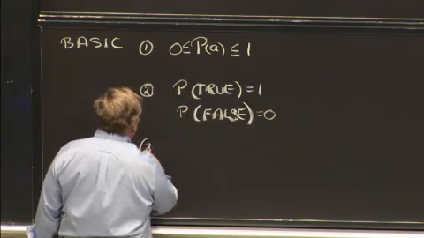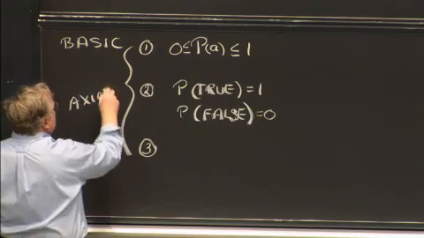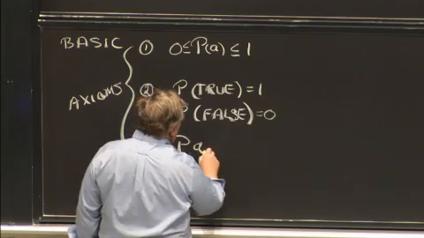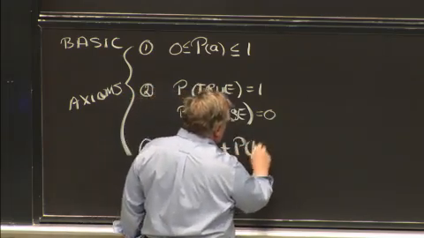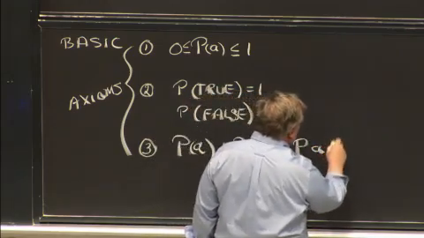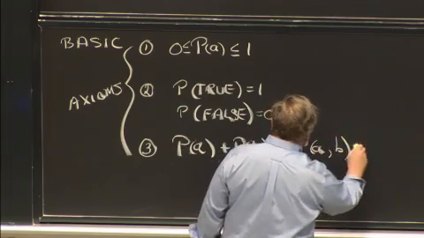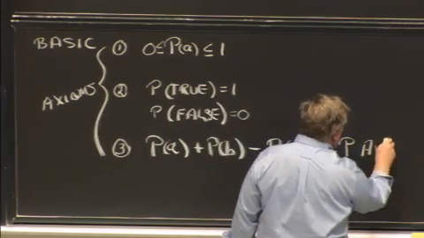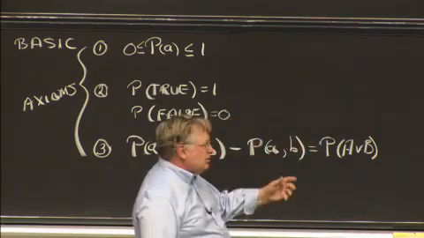And then the third of the axioms of probability is that the probability of A plus the probability of B minus the probability of A and B is equal to the probability of A or B. Yeah, that makes sense, right?